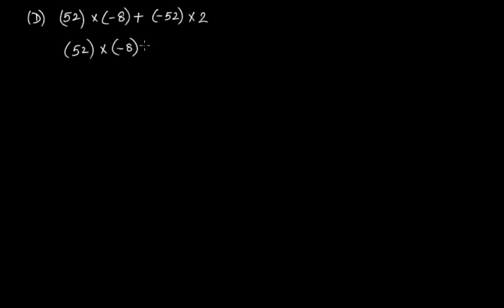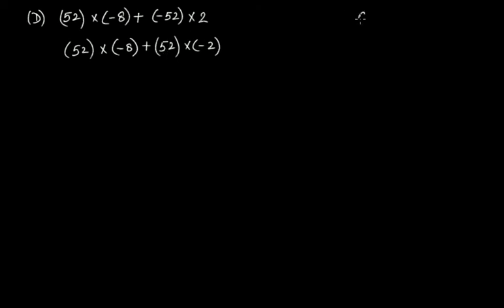Here it is minus 52 times 2, so you can write it like 52 times minus 2, because in any of these cases, whether you multiply minus 52 with 2 or you multiply 52 with minus 2, you'll get the same answer.